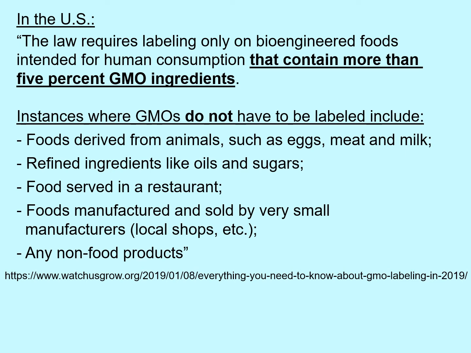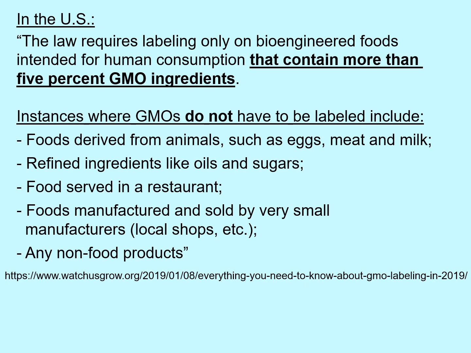And you do not have to label foods derived from animals, such as eggs, meat, and milk. So you can be feeding genetically modified feed to animals, or you can be giving them growth hormones to produce more milk, and that does not need to be labeled.